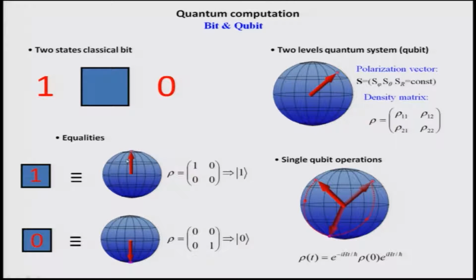The equalities which exist in some sense are defined in regard to the bits and the qubits. When the density matrix is pointing toward the upward direction, then it is, say, one particular state of the qubit, which is equal to a particular measurement in terms of the bit.